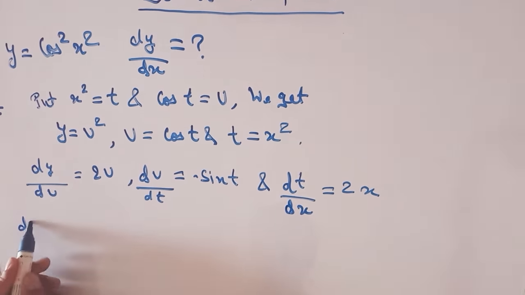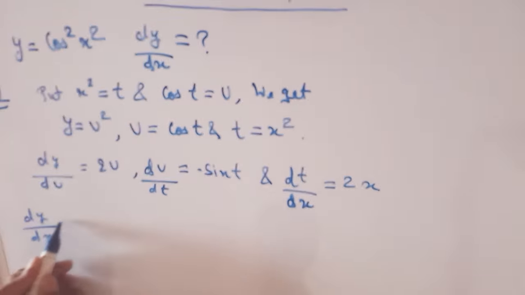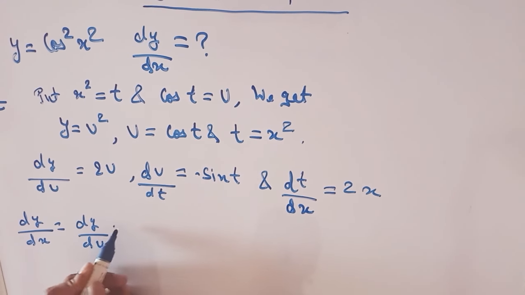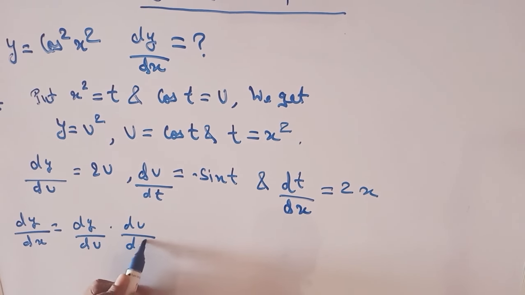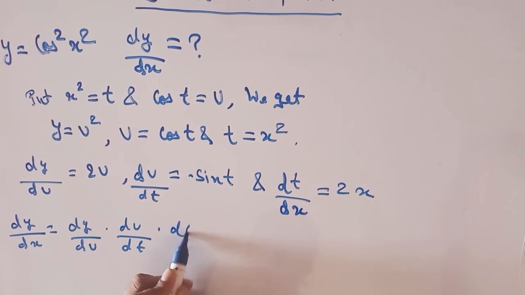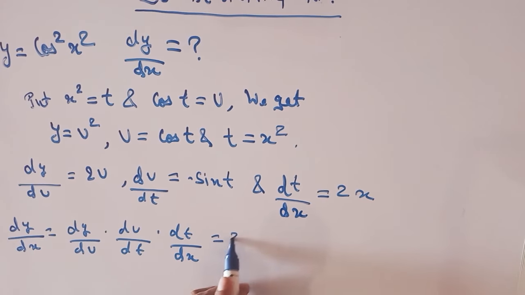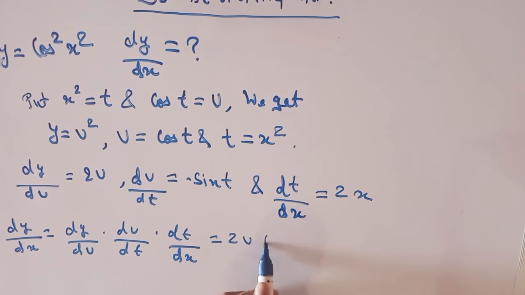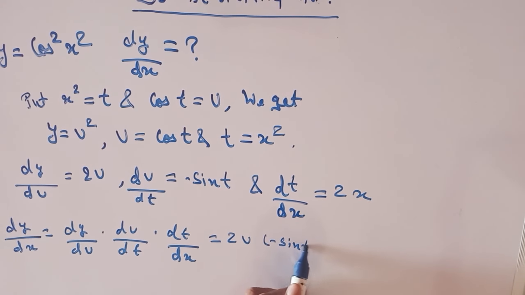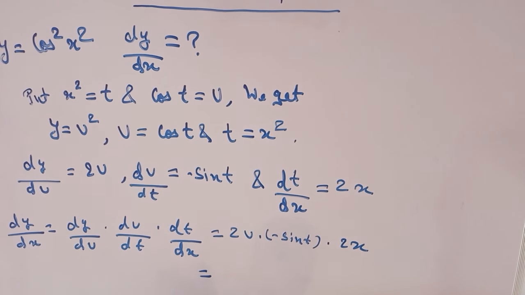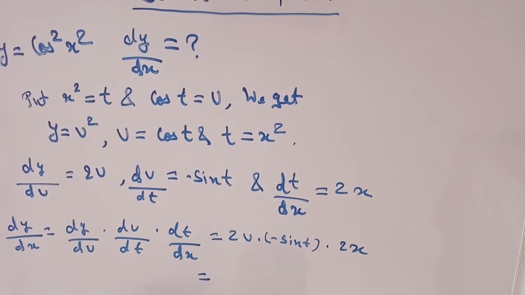So dy upon dx we can find how? dy upon du multiplied by du upon dt multiplied by dt upon dx. So 2u, then minus sine t, then 2x. Okay, so now it will be equal to what?